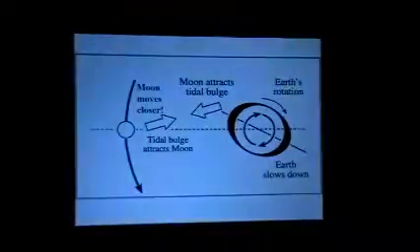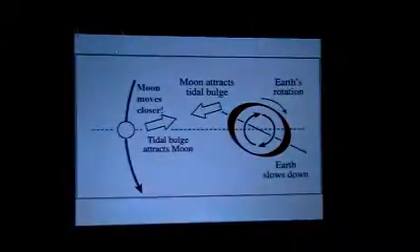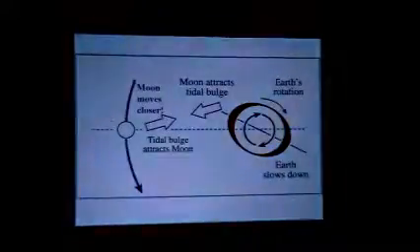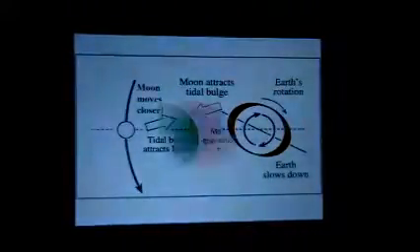We then showed that the same effect will happen on the bulge here. It will tend to slow the Earth down. And at the same time, because the kick is now this way from the line, opposite to the moon's direction, it's going to tend to slow the moon down, which will bring the moon closer to Earth. And there is one moon in the solar system where that is actually happening now, which we'll talk about later.